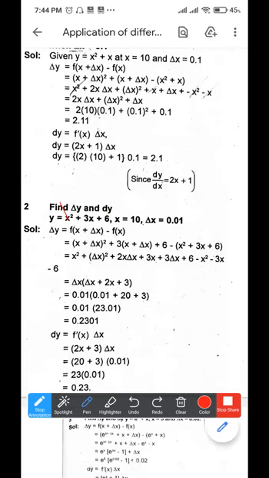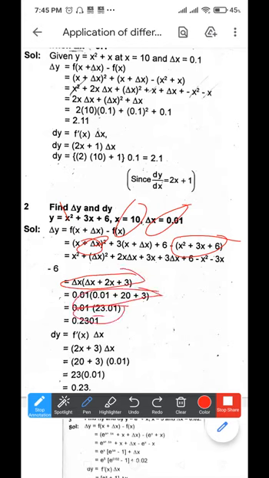What is f of x? x square plus 3x plus 6. Now open this square, simplify, then substitute the values we know, and we'll get the final answer.